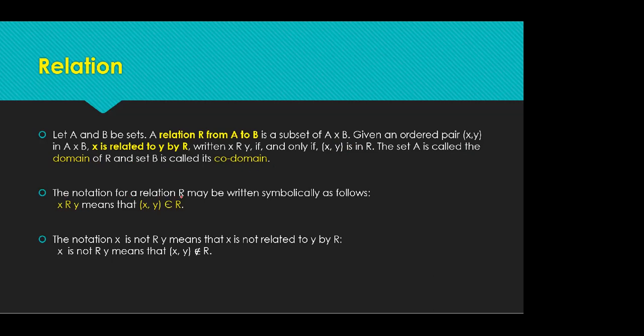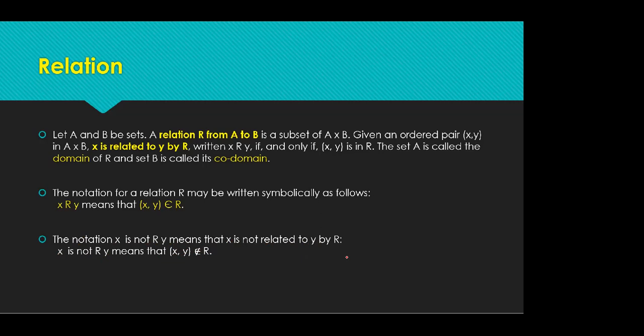The notation for a relation R may be written symbolically as follows. X relation R to Y means that the ordered pair, this is the symbol for ordered pair, right, is an element of R. The notation X is not R in Y means that X is not related to Y by R. And X is not R to Y means that the ordered pair X and Y is not an element of R.